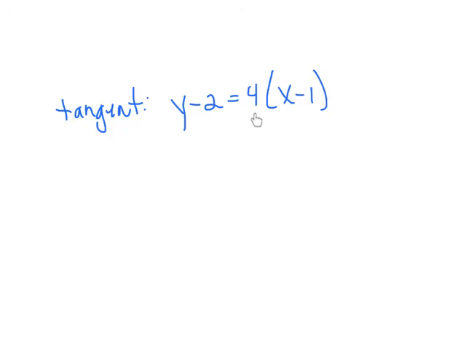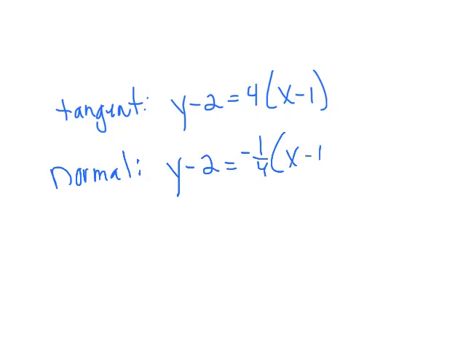All I do is I take my slope and I write the negative reciprocal, and that's going to make the perpendicular line, or the line normal to this line, at the same point. So just rewriting my perpendicular or my normal line. Again, it just takes one change. Y minus 2 is equal to negative 1/4 times x minus 1.